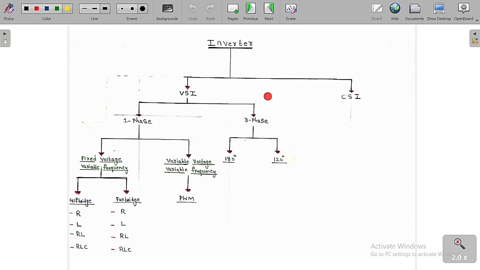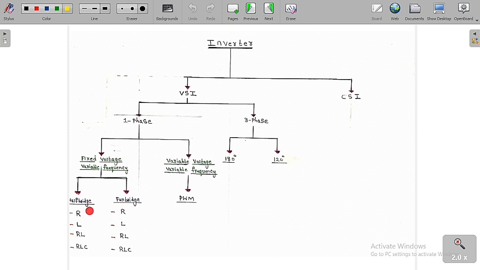All these things we are going to study one after another in a very detailed manner. So in the inverter we are going to study two basic things, the voltage source inverter and also the current source inverter. In the voltage source inverter we will study single phase and also three phase. In the single phase, fixed voltage with variable frequency means the input voltage is fixed, but the output voltage is of AC nature and variable frequency. So we are going to study half bridge and also full bridge.